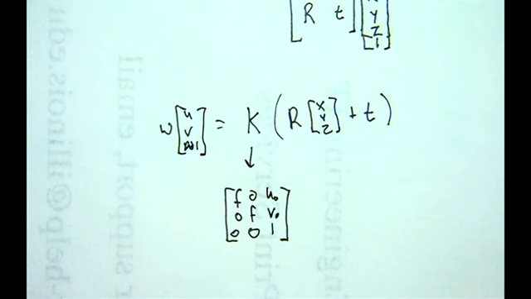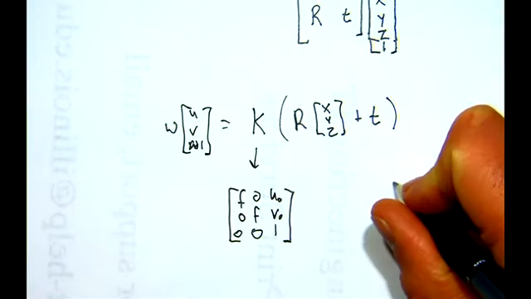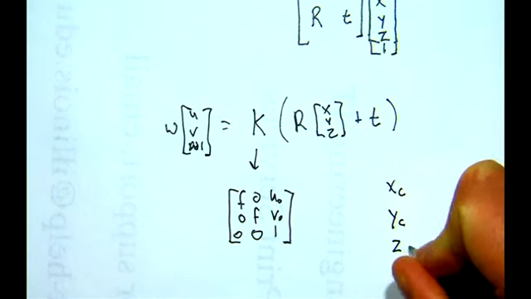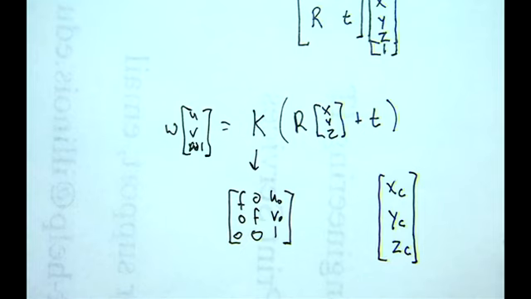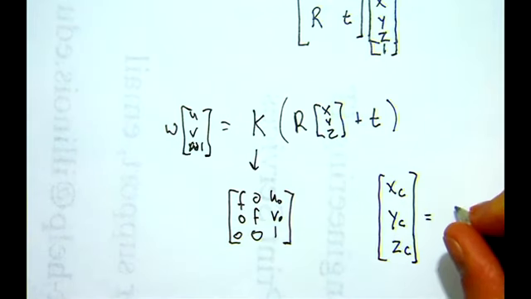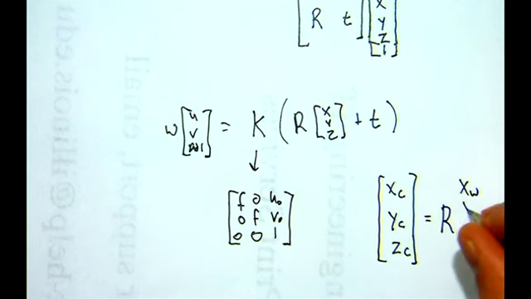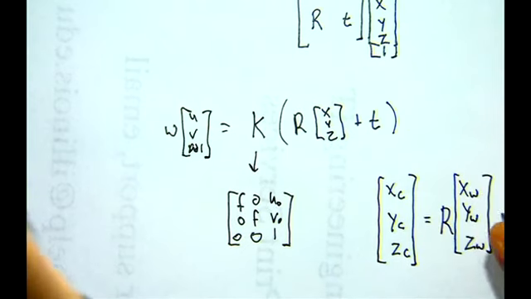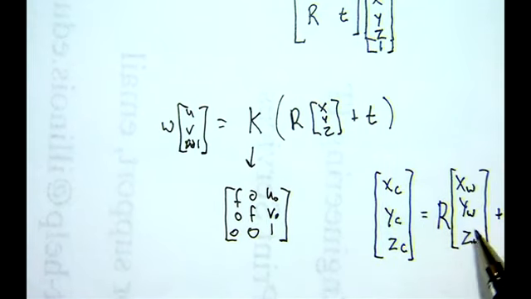Then we can do that by saying that we have xc, yc, zc, the point in the camera's coordinate system, is equal to R times xw, yw, zw plus t. So R and t are mapping from the world coordinates to the camera coordinate system.